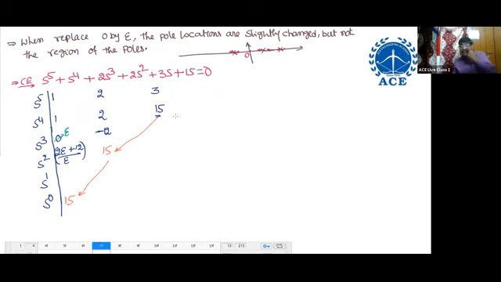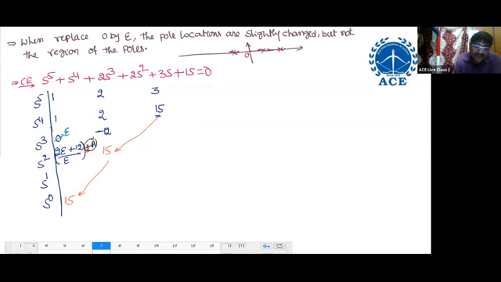Now get the s power 1 coefficient. So what is it? 2 epsilon plus 12 by epsilon. Is it positive or negative if we substitute epsilon 0? Positive. For example, I'll take this as plus a instead of writing the total term.